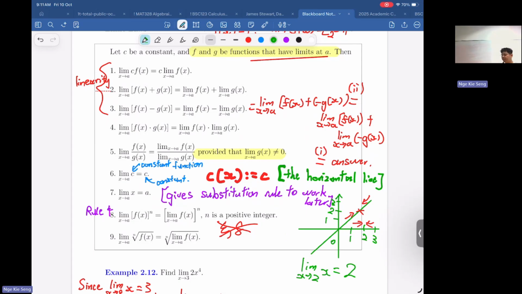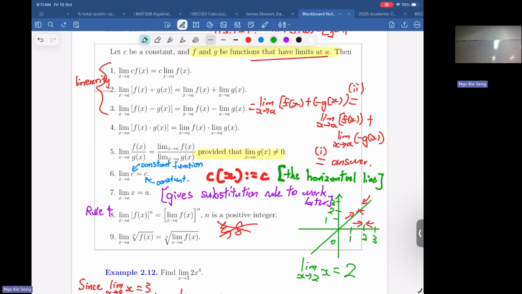Similarly for 8, if you want to consider the limit of more products, it's just multiplying the product of limits. And for 9, you can see that the square root actually commutes with the limit operation. When I say commute, it means you can bring the square root outside.